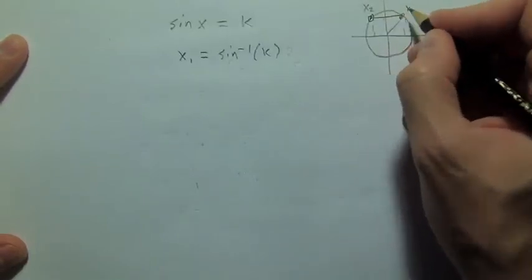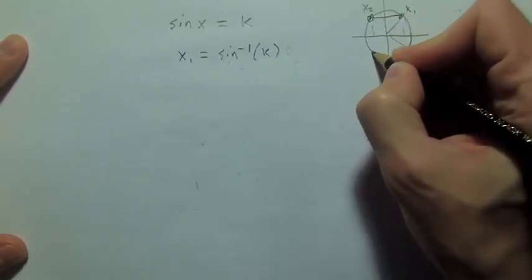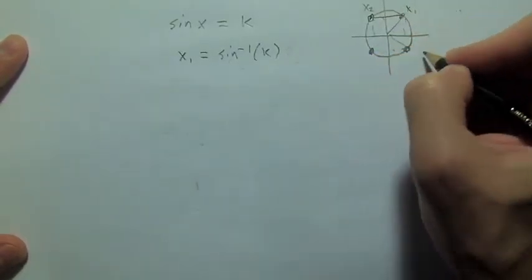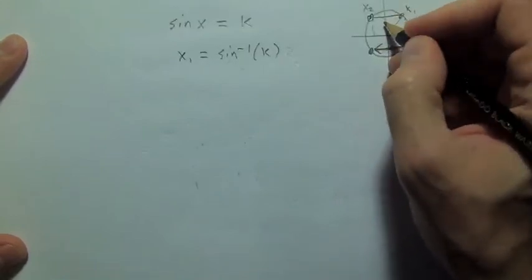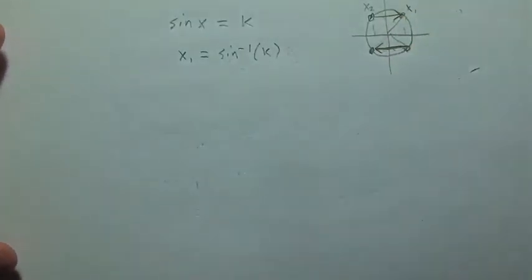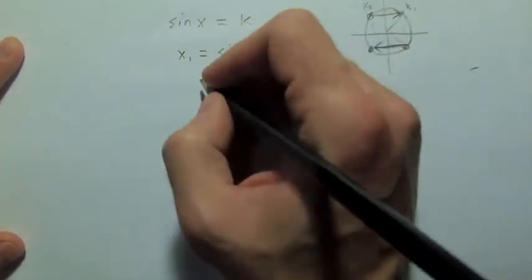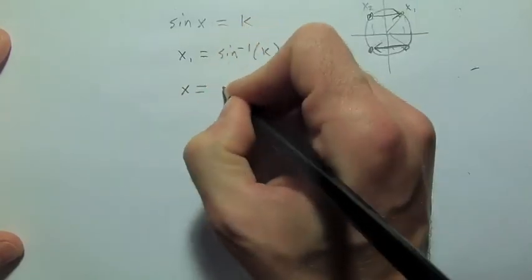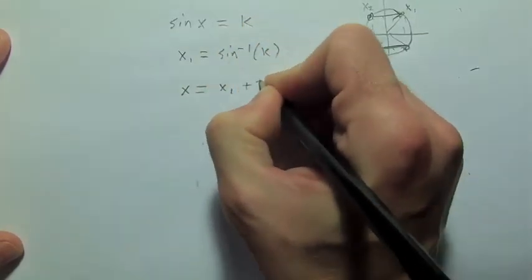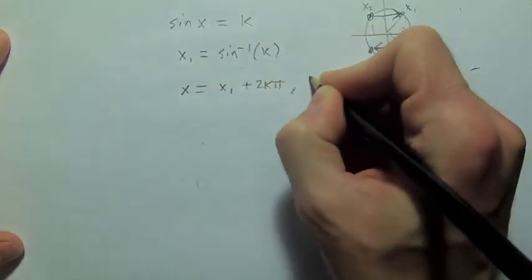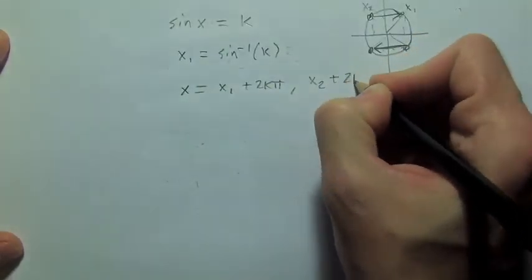Or if we end up with an angle down here, we can get the next one over this way, right? So we map horizontally with sine equations. And once we get x1 and x2, x is equal to x1 plus 2k pi, comma, x2 plus 2k pi.